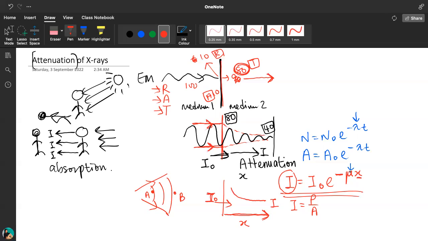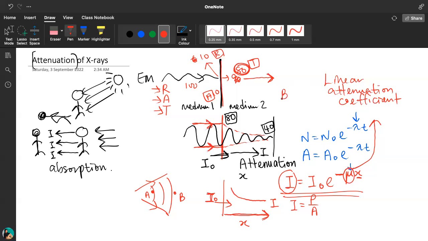Okay, so the attenuation coefficient, the mu, the linear attenuation coefficient, is different for different parts of the body. So bone, muscle, the brain, the blood, they have different values.